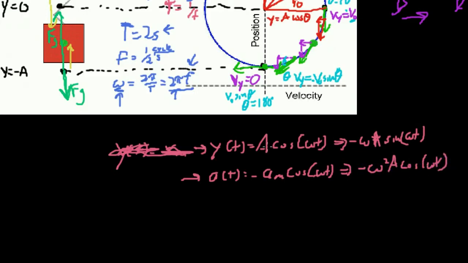And if I look at these two equations here, those are exactly the same terms. So the only reason why the acceleration is different from the displacement is that we've multiplied the x value, or the displacement value, by the opposite of omega squared.